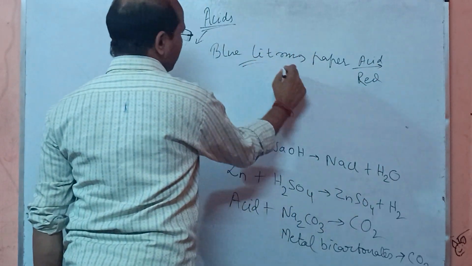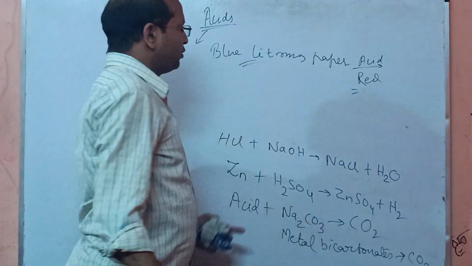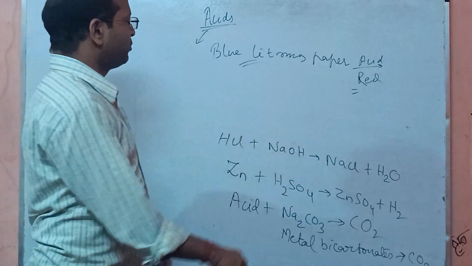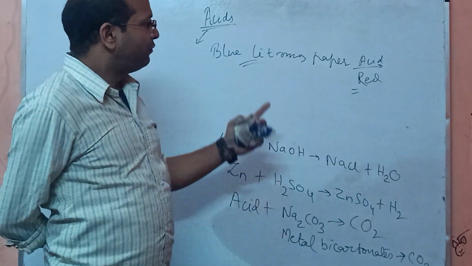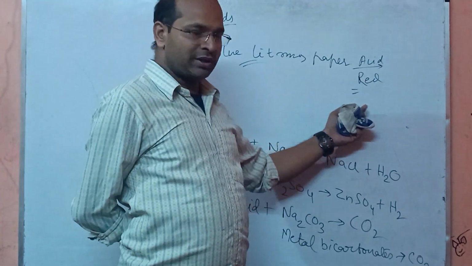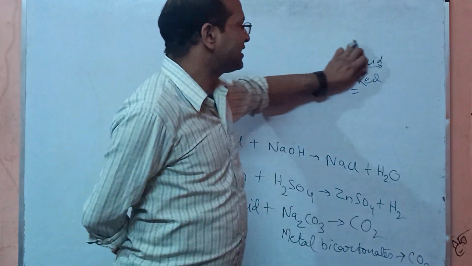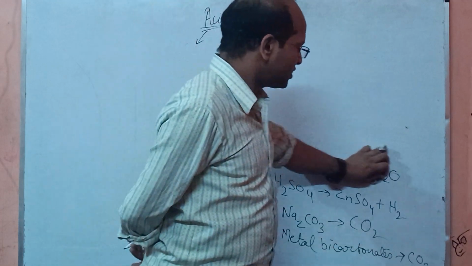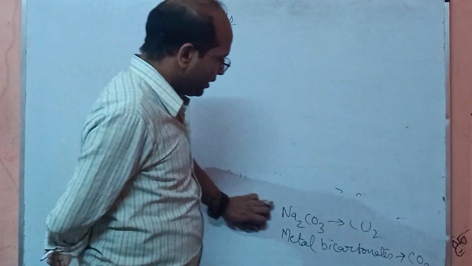So these are the indicators. There are some other indicators, phenolphthalein and methyl orange. There are some natural indicators such as turmeric juice.